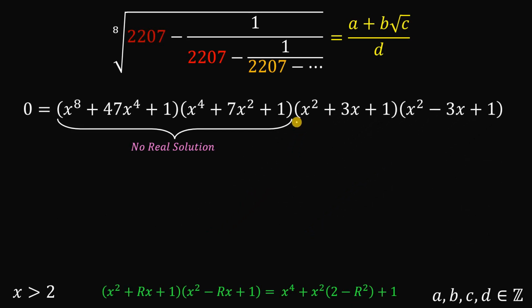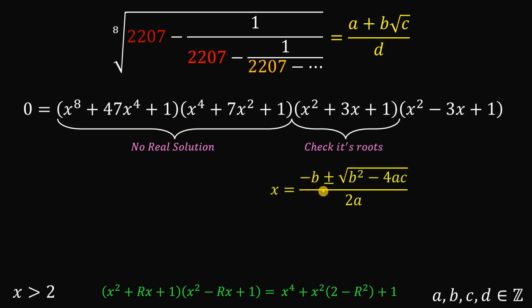And now, let's check the roots of this factor x squared plus 3x plus 1. Using the quadratic formula, negative b plus or minus square root of b squared minus 4ac all over 2a, we get negative 3 plus or minus square root of 9 minus 4 times 5 all over 2.